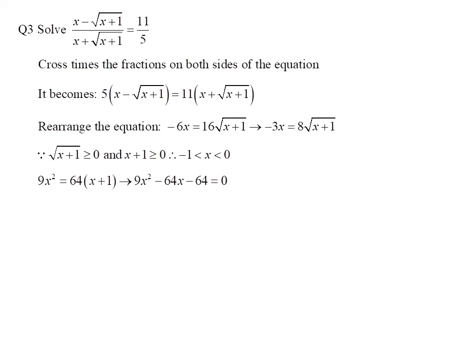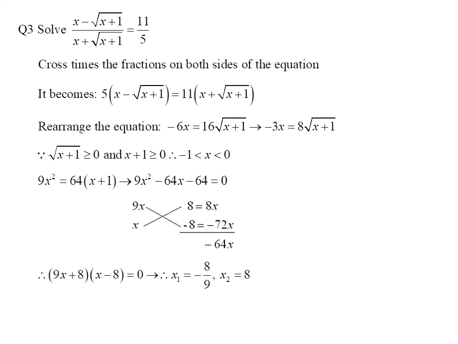As we remember, list all the possible quadratic factor pairs as well as those of constant factor pairs, and then try various combinations of these pairs and see if the linear term can be produced. Here we just show the correct combination, which produces the linear term of negative 64x.